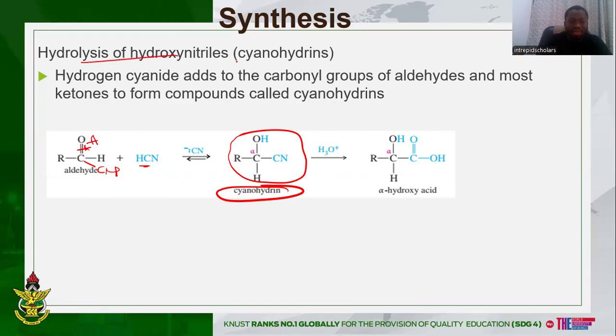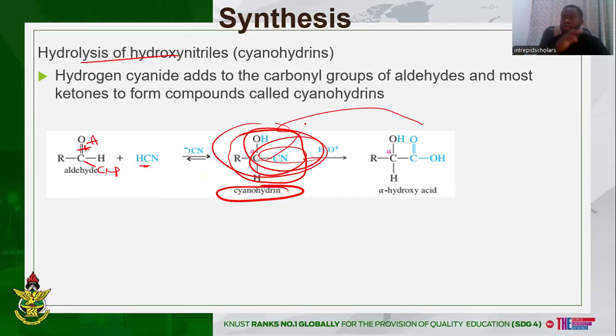So this particular process starts from here, if you are looking at the name. The hydrolysis is actually this step, just the final step. But with this schematic pathway, or almost always when you have a question, you would have to take it from the aldehyde or the ketone form to your cyanohydrin before finally you can convert from your cyanohydrin to your alpha hydroxy acid.